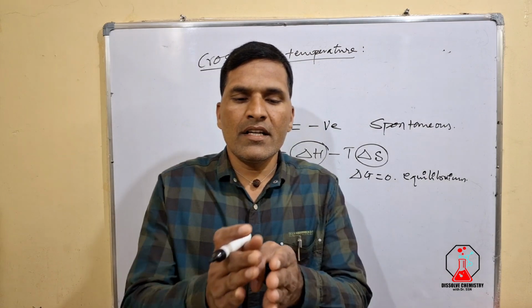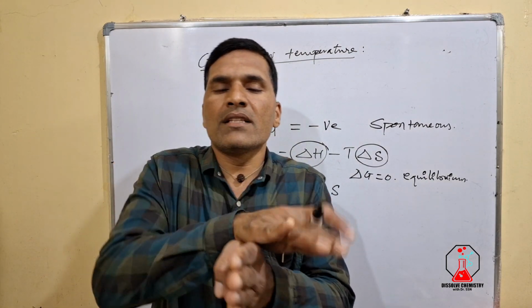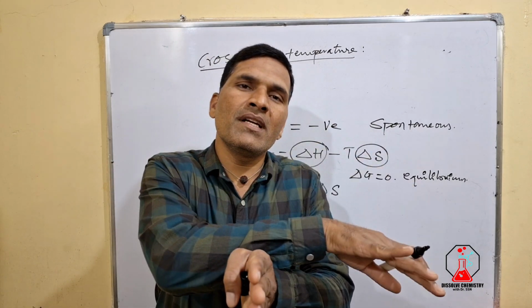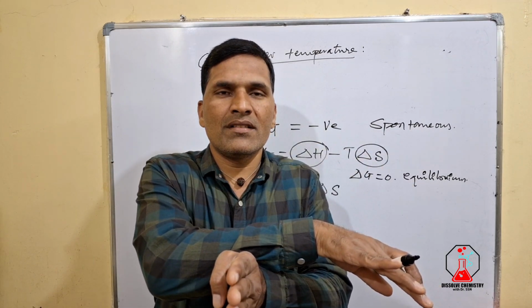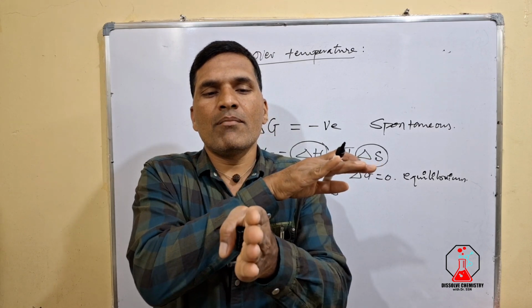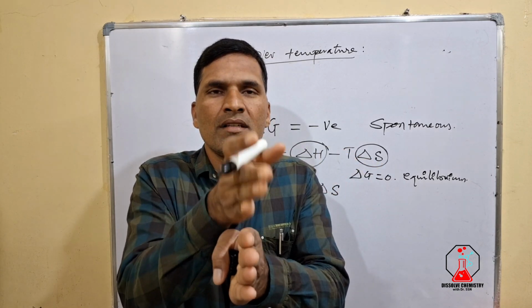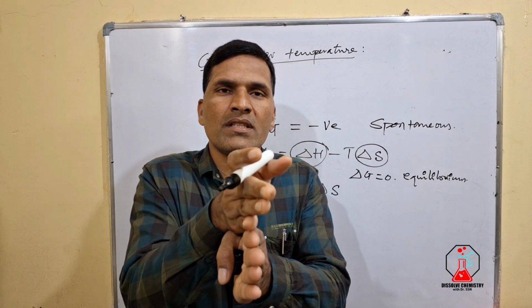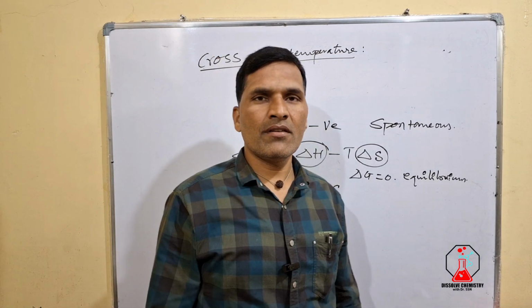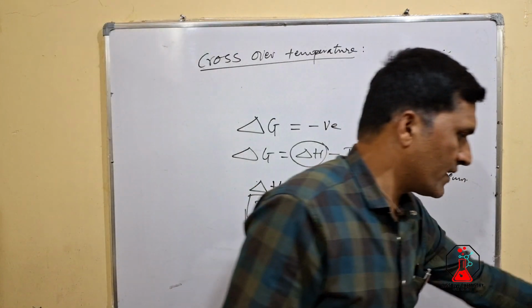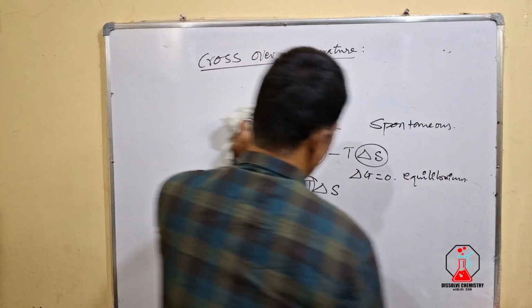If you move beyond this on either side, one side will be spontaneous and the other side will be non-spontaneous. At that particular temperature at which delta G is 0, the process is at equilibrium. We will make a graph so that you can understand.